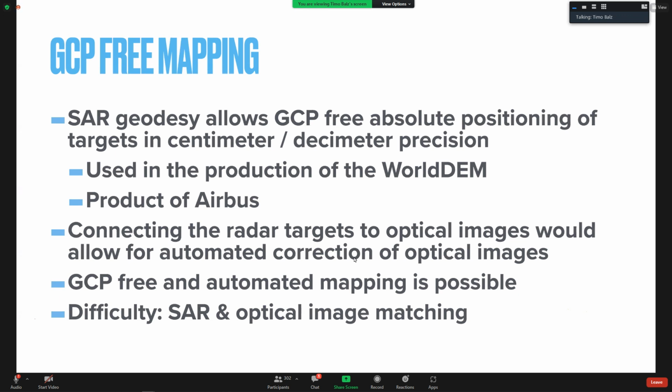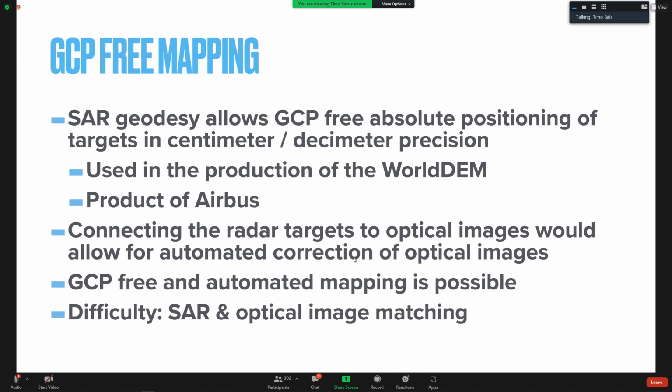So basically, we are moving toward the goal of remote sensing. The only difficulty of it now is the SAR and optical image matching. Okay, that's basically a part that has not fully been solved, right? We can measure these points in SAR data very well. We can get for an area tens or hundreds of ground control points, or control points, doesn't matter, right?